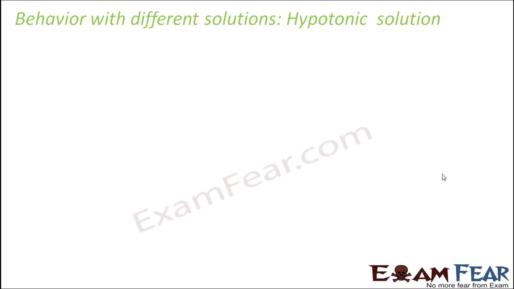Now we will look at the behavior of a cell with different types of solutions. What do I mean by different types of solution? Here we will see what happens if the cell is put into a solution with lower concentration or a solution with higher concentration. First we'll talk about a hypotonic solution.